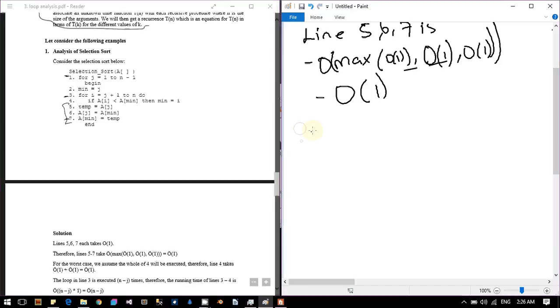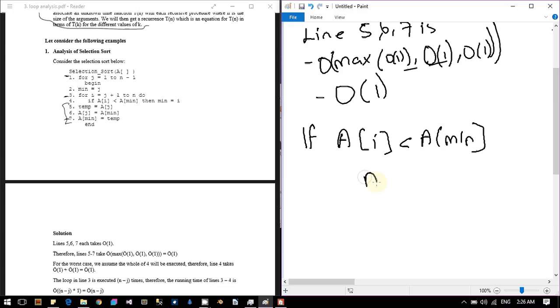The if statement is: if a i is less than a min, the execution is min is equal to i. Remember what we said about if statements? This is obviously order 1, but we look at what is inside and we see that this is also order 1. It's a simple assignment.